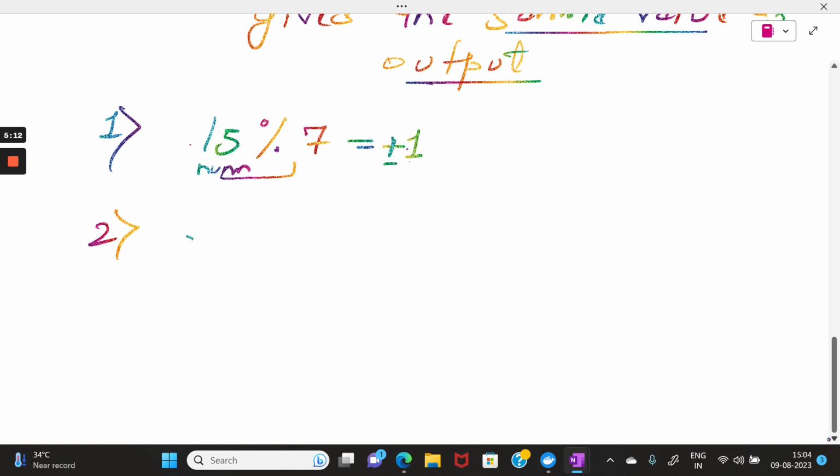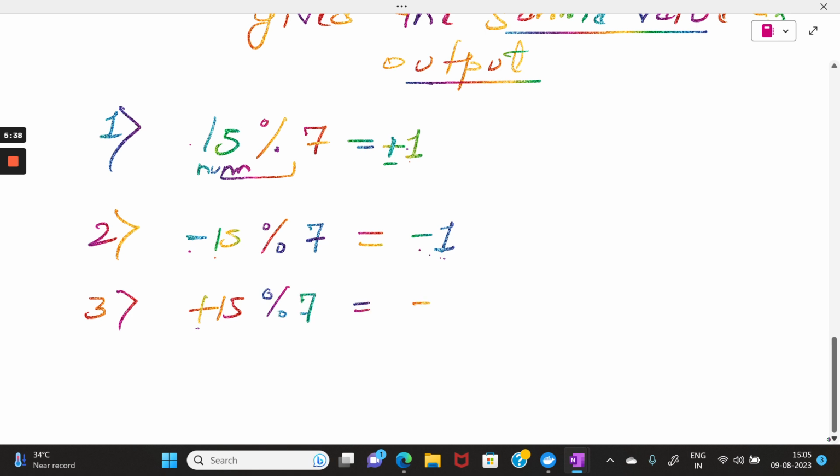Now if it is minus 15 modulus 7, it will be minus 1. Why? Because the modulus operator gives 1 and the numerator has a negative sign in front of it, so the output will also have the negative sign, same as the numerator. Third one, if it is plus 15, where we explicitly mention the sign of the numerator, then it will definitely be plus 1, same as the first case.